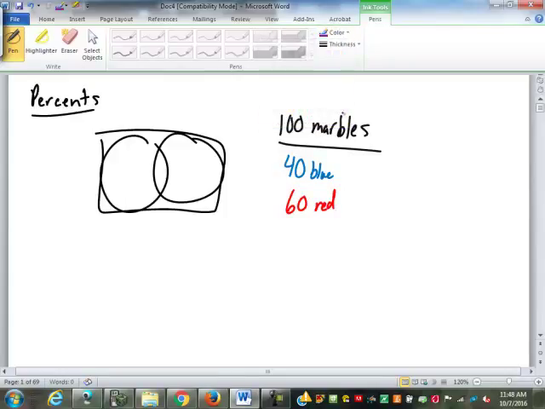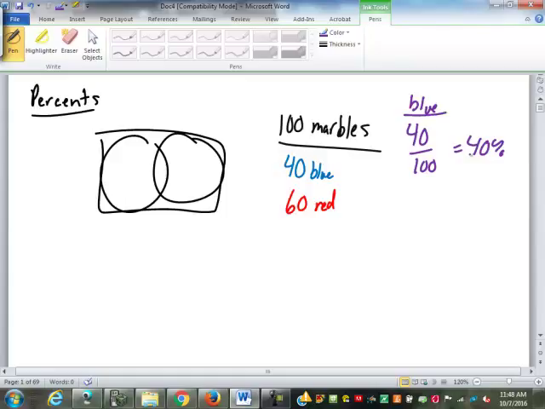we have a couple of different percents represented here. If I want to describe the blue marbles, that's 40 out of 100, or 40%.